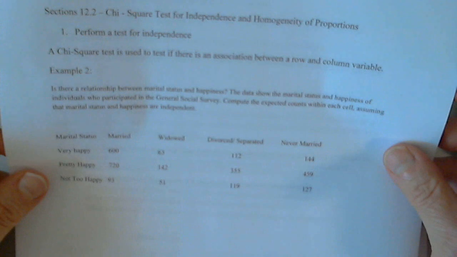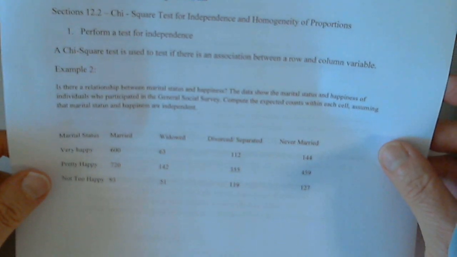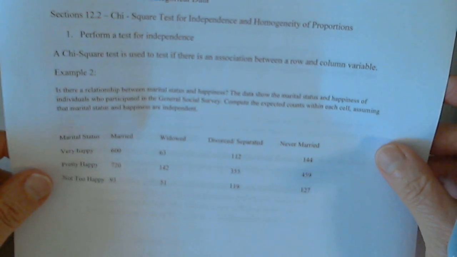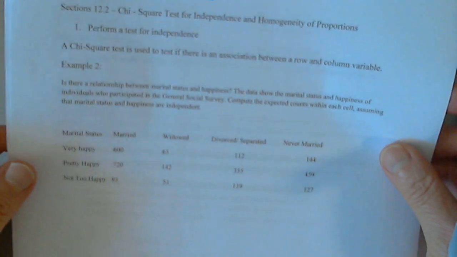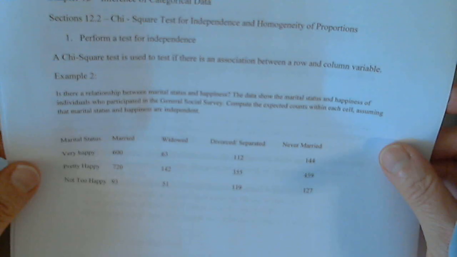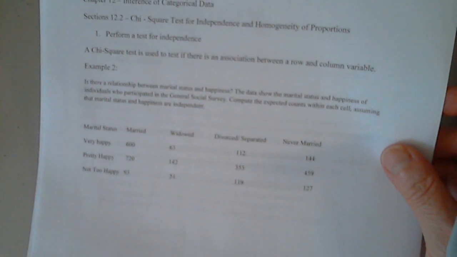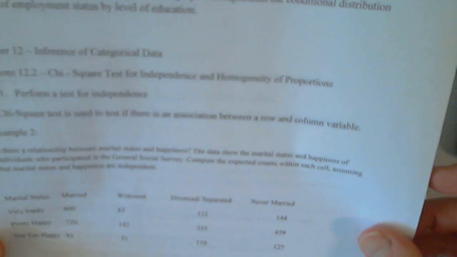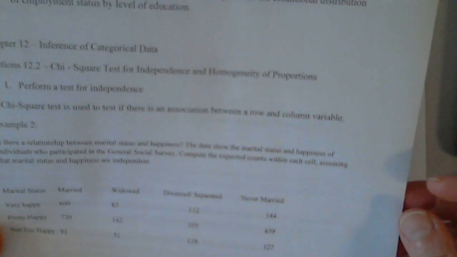This is the condition of the test. No more than 20% of the expected frequencies are less than 5, and all expected frequencies are greater than or equal to 1. So we expect the numbers to be higher than 5.